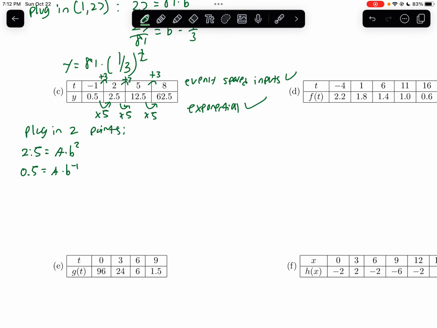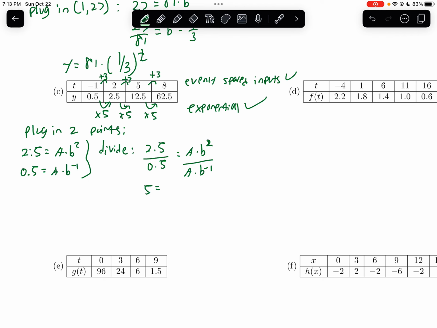Just 2 points from the table go into the function. You then divide these. Because that cancels out a, you can then solve for b. So 2.5 over 0.5 equals a times b squared over a times b to the negative first power. 2.5 over 0.5 is 5.